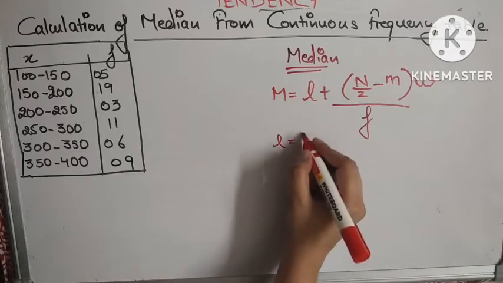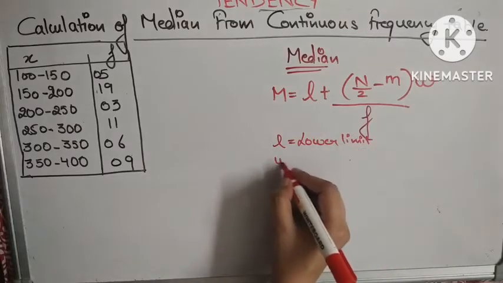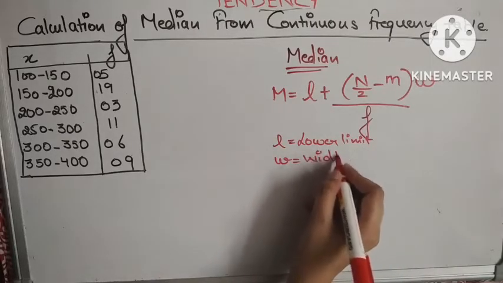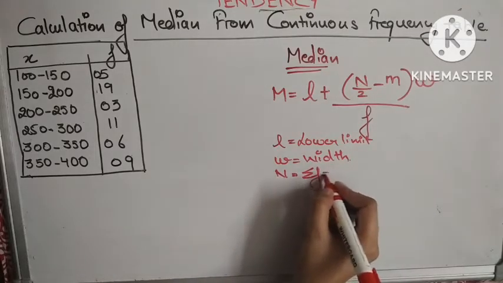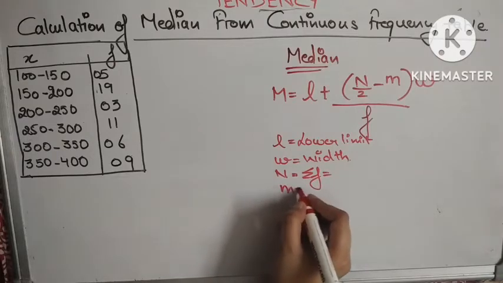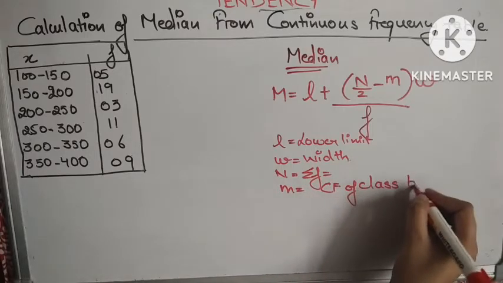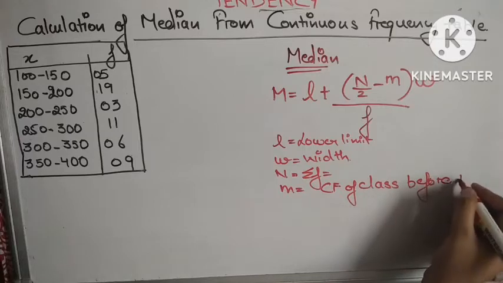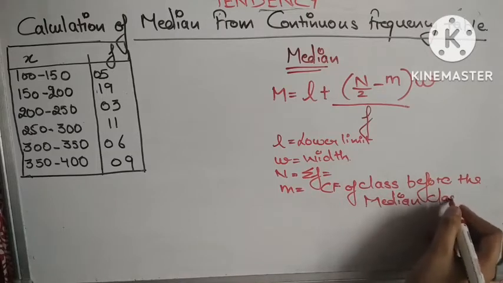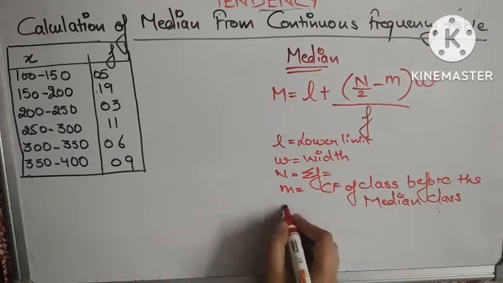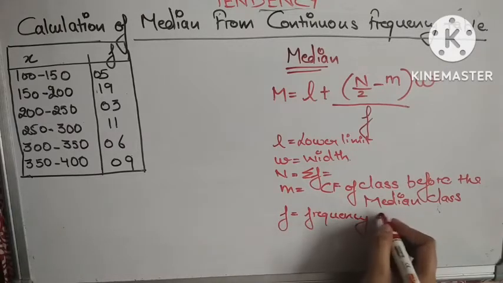L is the lower limit, W is the width, N is your sigma f, which we will calculate, m is the cumulative frequency of the class before the median class, and f is the frequency of the median class.